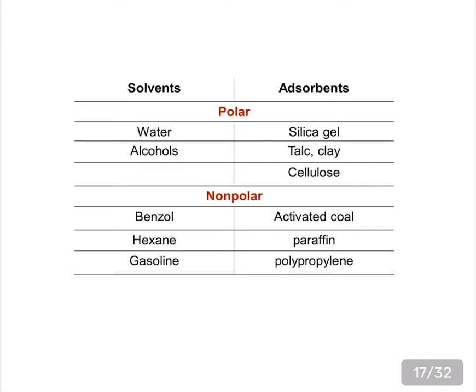Non-polar solid materials are coal or carbon and different solid hydrocarbons, for example, paraffin or polypropylene.